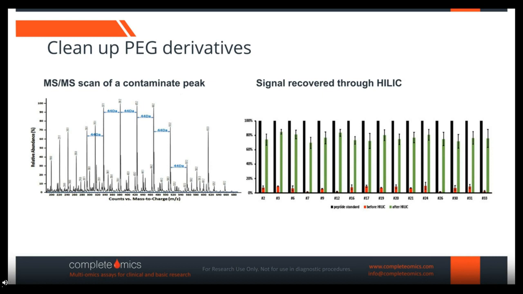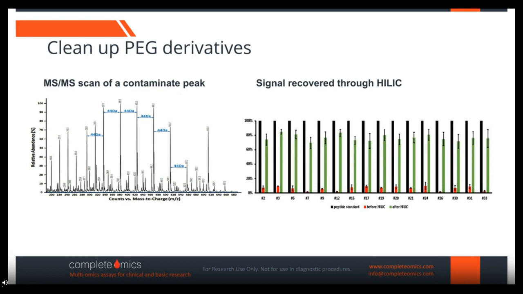During the sample preparation, we do QC of every step. For every single step of the procedure, we save a little bit of the sample and analyze the sample loss and the signal suppression.